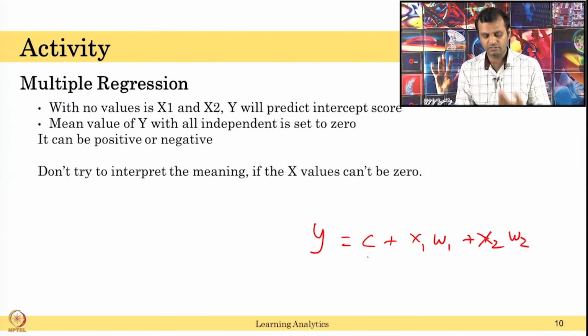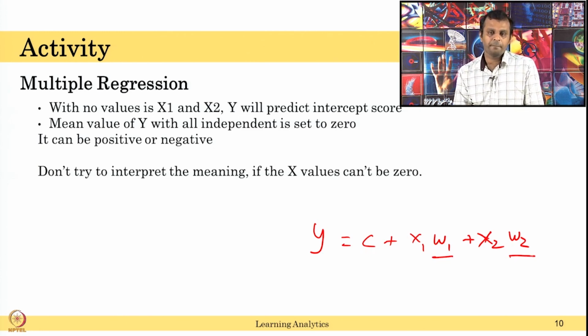Now, you thought I said do not interpret the meaning of c. What is w1 and what is w2? What is the significance of w1 and w2? Keeping the other value constant, consider x2 is the same, how much x1 has a relationship with y is defined in w1.